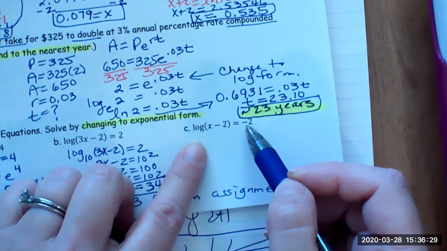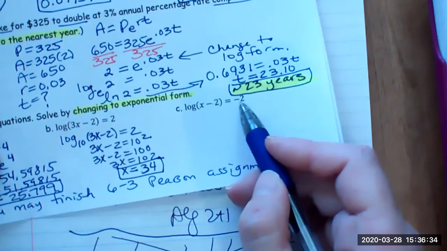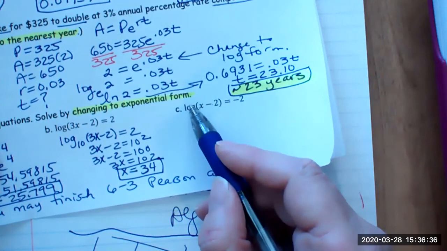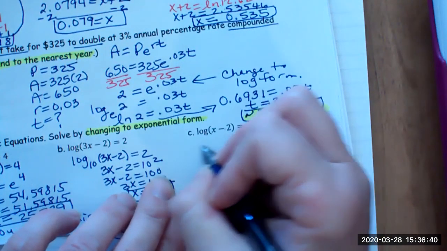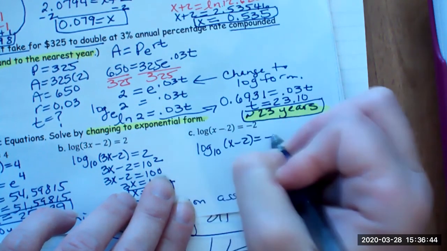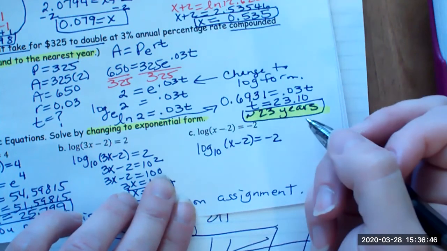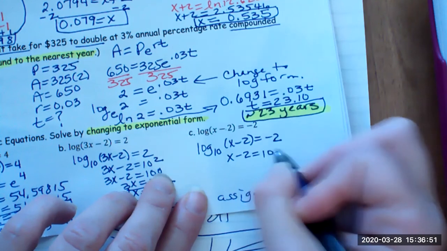So make sure you distinguish the negative in parentheses, undefined, from a negative equal to the log. So we're just going to remember this is base 10. I'm going to rewrite this as log base 10 of x minus 2 equals negative 2. I'm going to put that in exponential form. x minus 2 equals 10 to the negative 2.